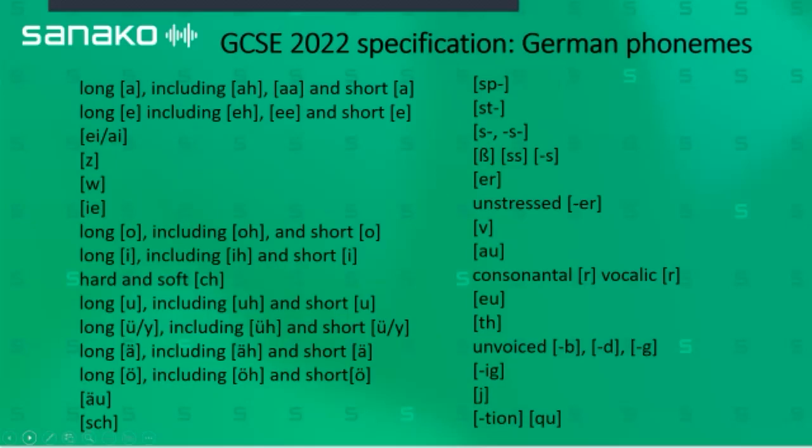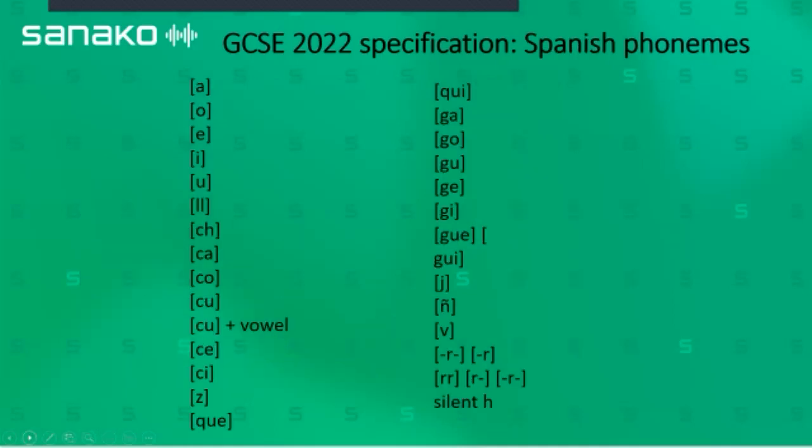In German, we've got the differences between the long and short vowels, which is a key thing to remember, and of course our umlauts as well. And in Spanish, we've got vowels, and then the C rule and the G and J rule, which are nice rules around our Cs, Gs and Js and how we pronounce them according to which vowel follows that letter.